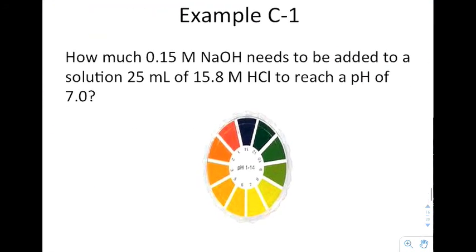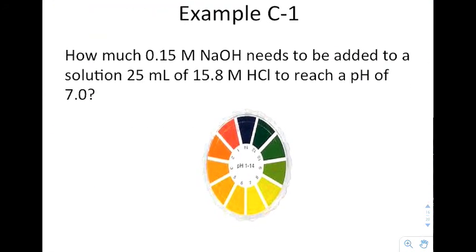Next, it says how much 0.15 molar NaOH is needed to be added to a solution of 25 mL of 15.8 molar HCl to reach a pH of 7. The fact that you have a strong base and a strong acid and you're trying to reach a pH of 7 means you're trying to reach the equivalence point. The equivalence point is where the number of moles equals the number of moles.